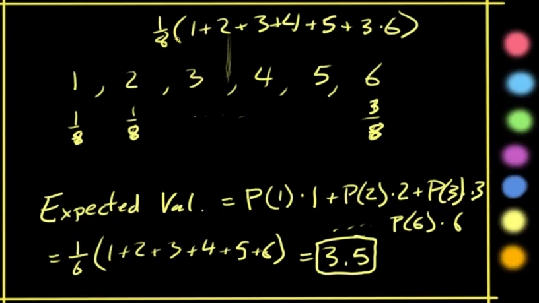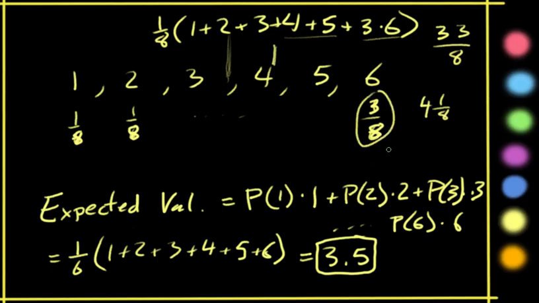And then you would get a value that would be a bit higher, right? So this is 18 plus 9 is 27, 30, 33, so it'd be 33 over 8, which is quite a bit higher. That's a little bit more than 4, right? So it's 4 and 1/8 if you put it as a mixed number. So the expected value has gone up because the 6 is more likely.